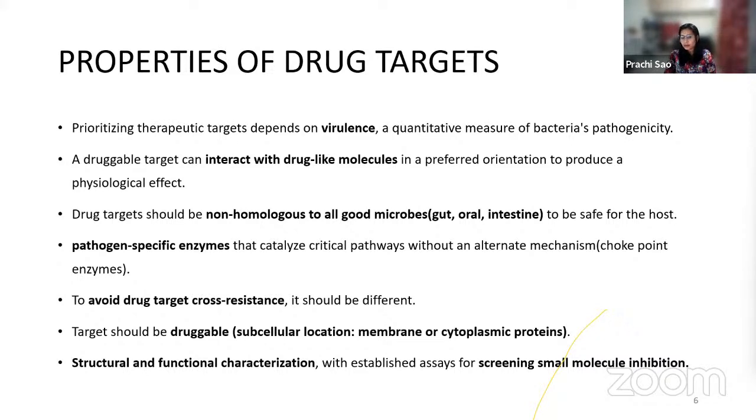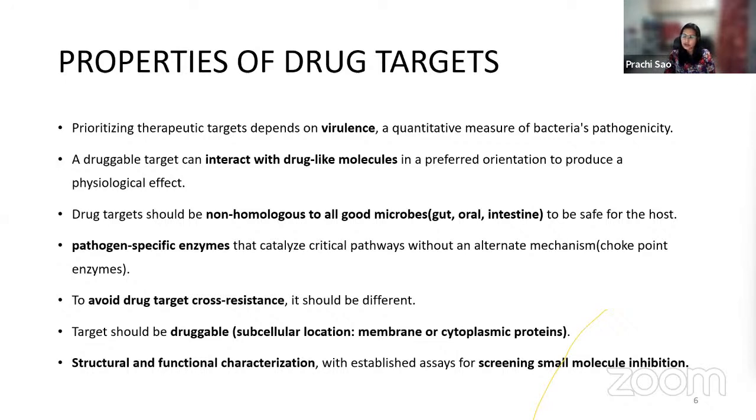Then it should not be homologous to the good bacteria. We have a huge amount of bacteria which are very beneficial for our body. Antibiotics which are randomly used or which are not specific to a pathogen disturb the natural microbiome also, and that is where the problem of side effects arises.